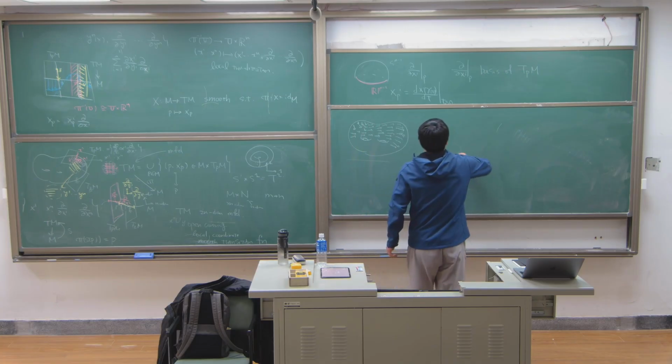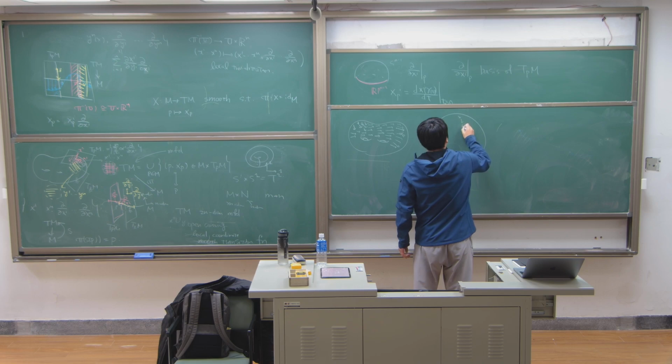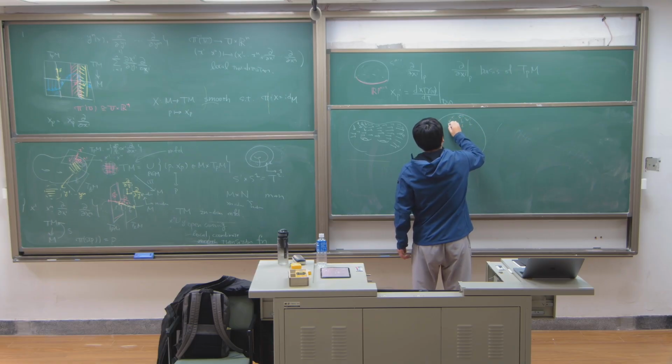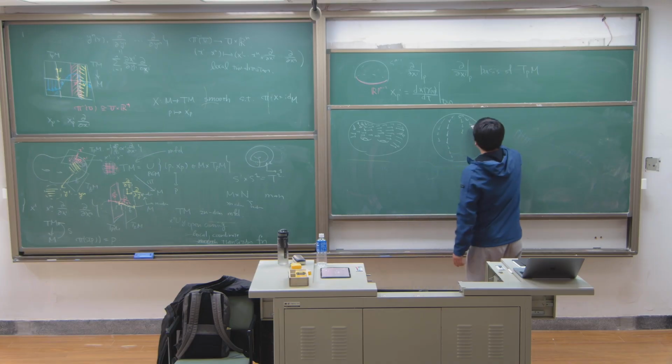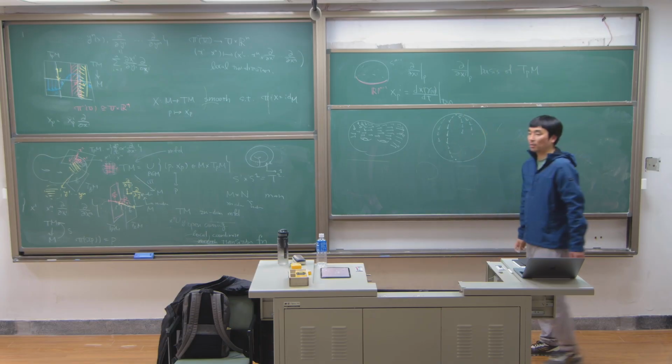And then I wrote something like a vector field this way. I wrote the vector field like this, and this is 0 here, and the south pole and north pole have a 0 here.